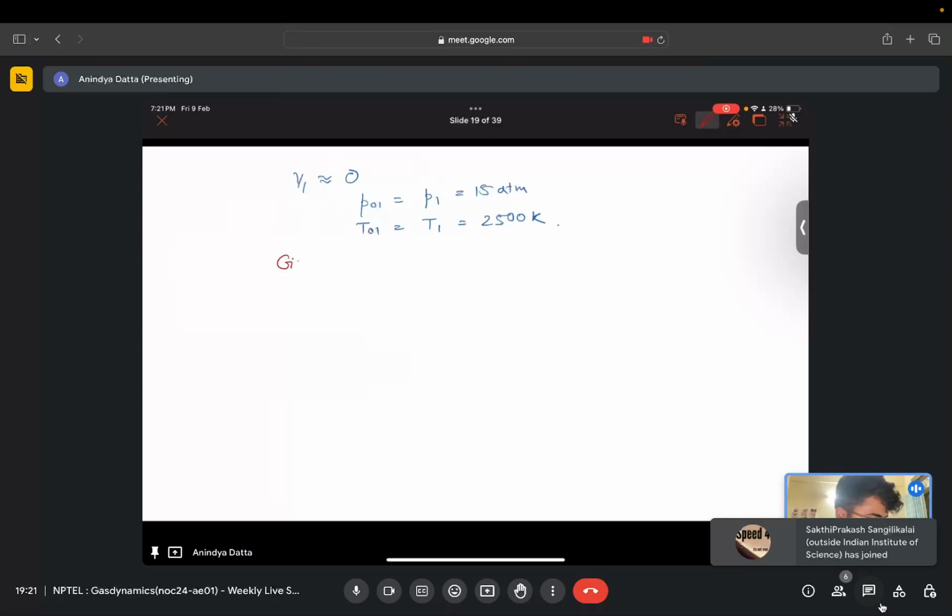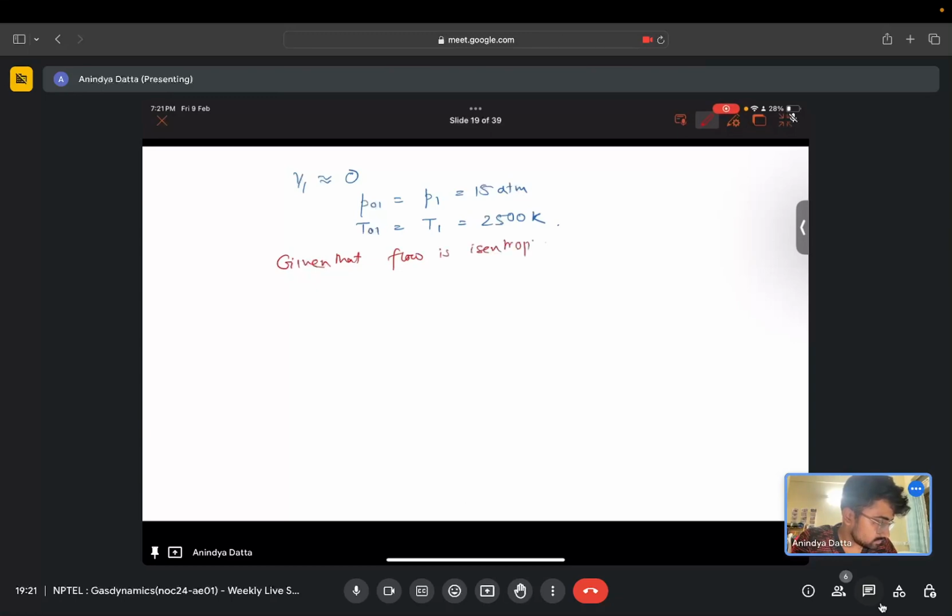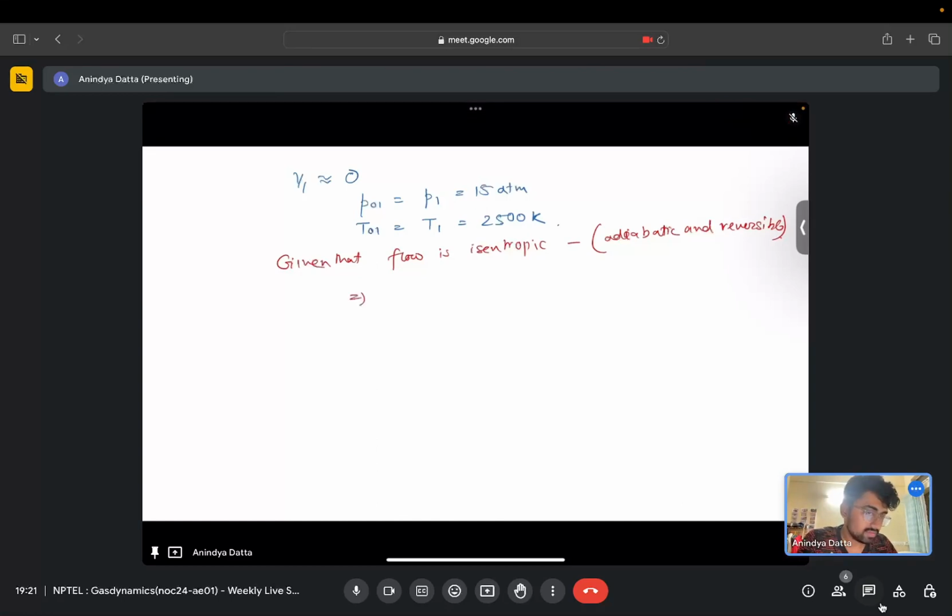We are given that the flow is isentropic, which means adiabatic and reversible, right? So T02 is equal to T01.